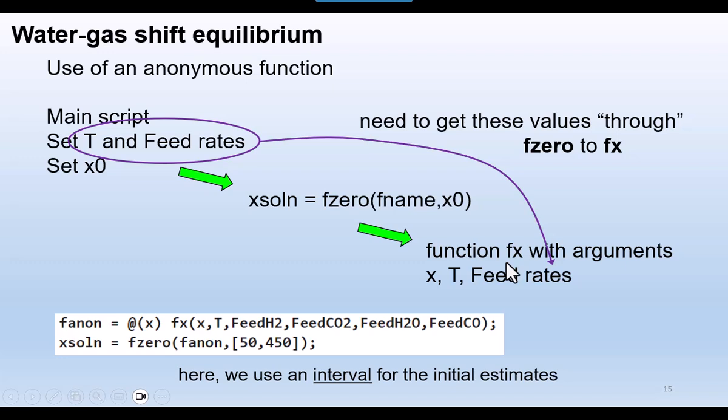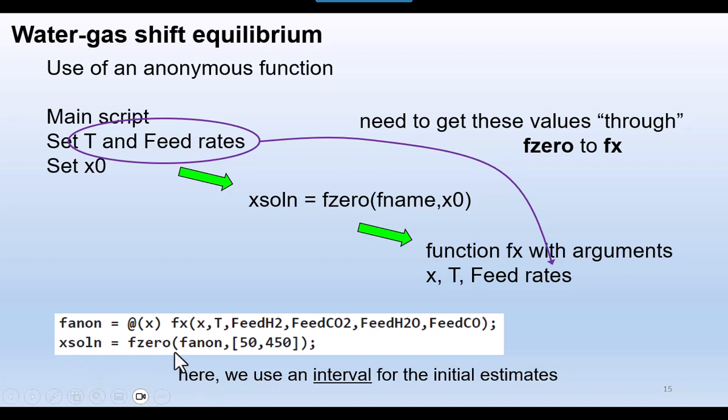And the way that we do that, and you'll see this come up several times, is that we define what is called an anonymous function in a particular way. And that is, we have at, which is the handle function of x, but then we include f of x with x and the additional arguments.